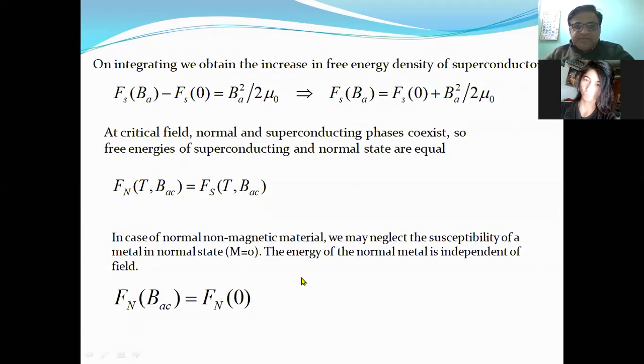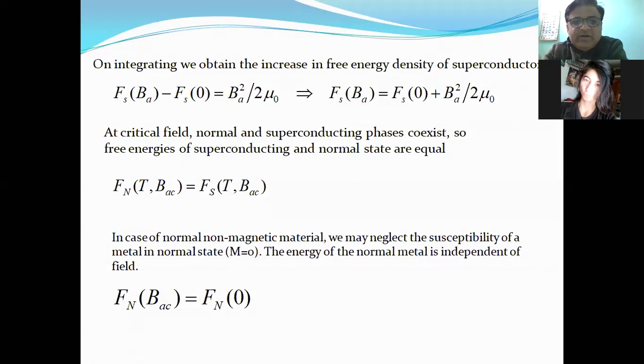Okay, now below there is some argument, and it says that in case of a non-magnetic material, we may neglect the susceptibility of the metal in the normal state. The energy of the normal metal is independent of the field. So what it is trying to say is that if a material is non-magnetic, as we talk about paramagnetic substances and ferromagnetic substances, when we say magnetic substances, generally we are talking about ferromagnetic substances where induction is very large.